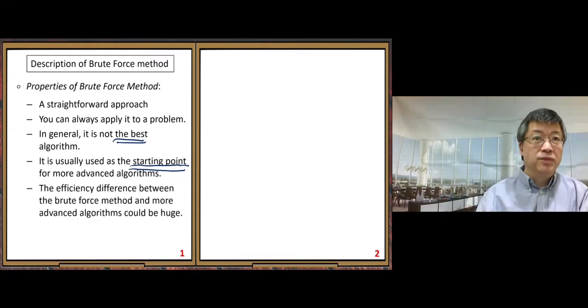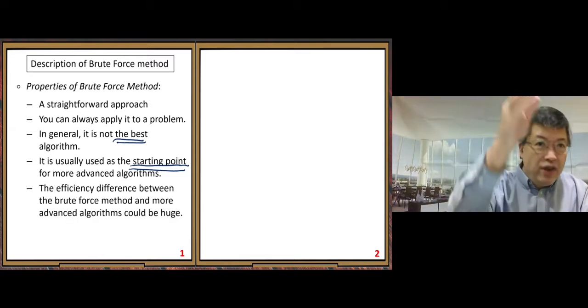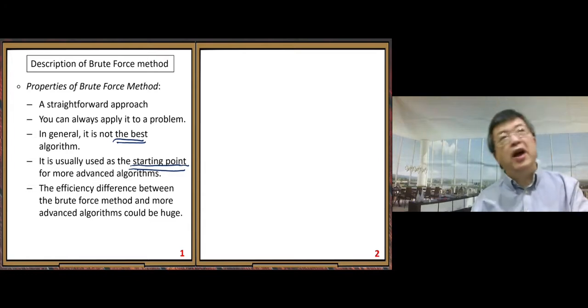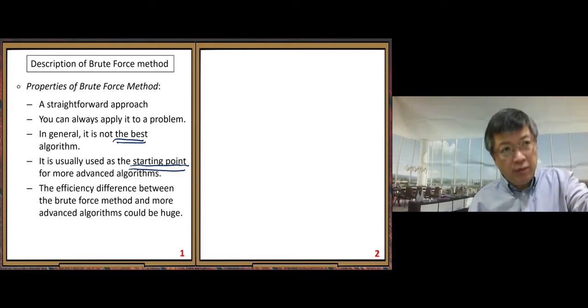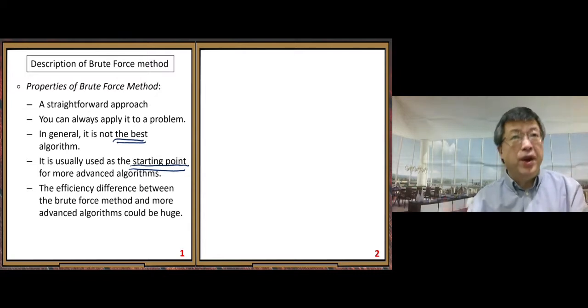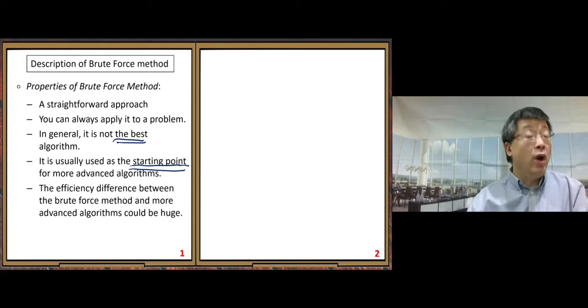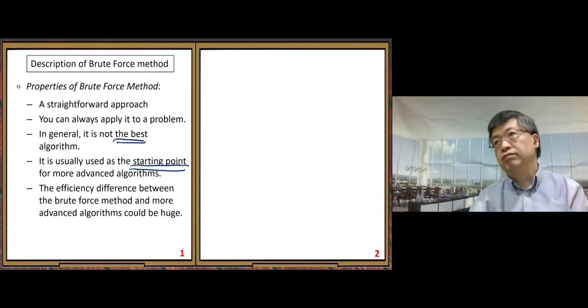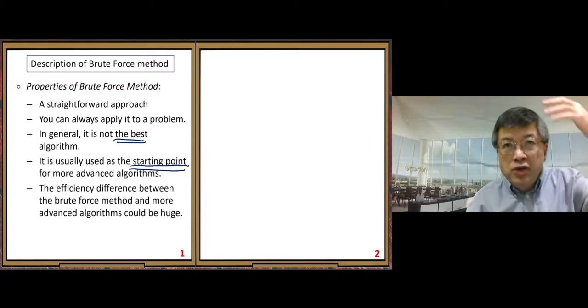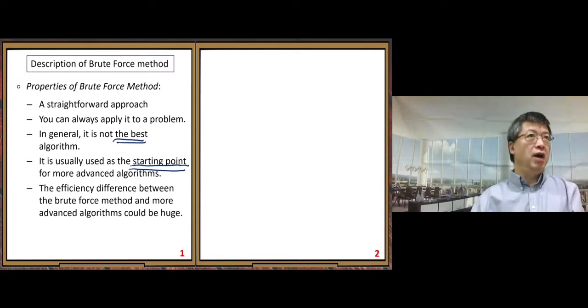All right, so next, the efficiency difference. Because we're not satisfied, even if you solve a problem by the brute force method, most of the time we're not very satisfied with the solution. So we want to improve it. We want to find a much better solution.